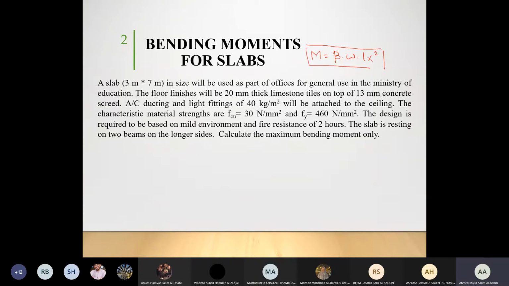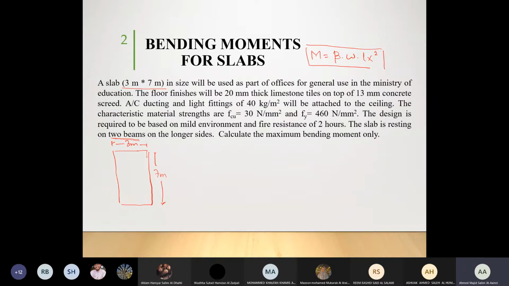Now, if we start analyzing the question, you can see that the slab is 3 by 7. If we try to illustrate the slab, we can see that the slab is 3 meters here and 7 meters. And then it says here that the slab is resting on 2 beams only, on the longer side.